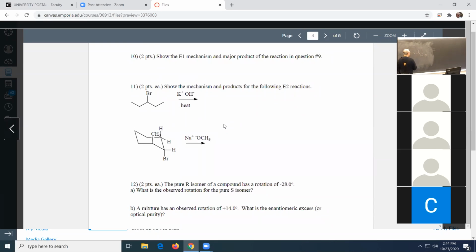So this would remove a beta hydrogen, form the double bond, push out the bromine. Okay, and if you showed E or Z, either one, that would be fine. Okay, this happens to be the E isomer.